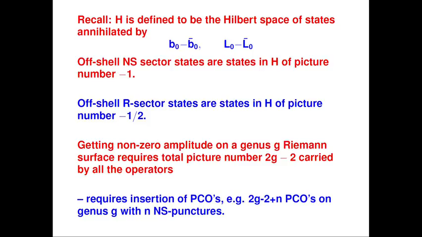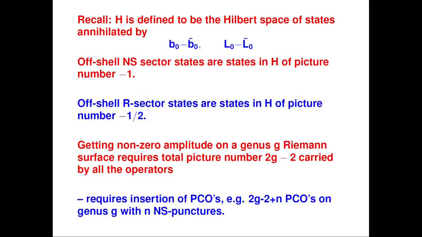Just as the total ghost number of all the operators on a genus G surface has to add up to 6G minus 6 to get a non-zero answer, similarly, one can show that the total picture number of all the operators must add up to 2G minus 2 to get a non-zero correlation function. Now, this immediately tells us that for a generic amplitude, if you want to get a non-zero result, we need insertion of picture changing operators.